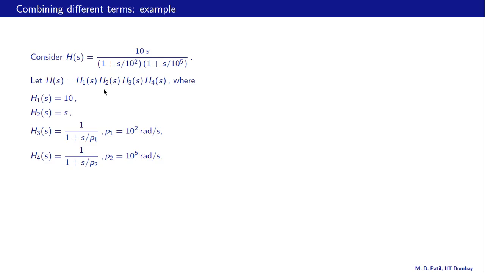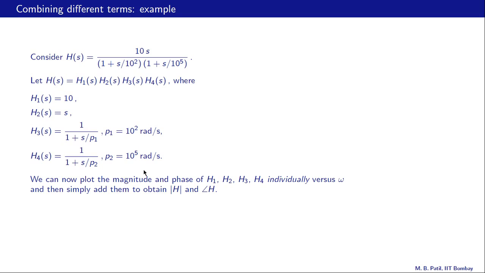Now this function can be written as a product of four functions: h1, h2, h3, h4. h1 is 10, h2 is s, h3 is this pole at 10 raised to 2. So it can be written as 1 over 1 plus s by p1, where p1 is 10 raised to 2 radian per second. h4 is this other pole, 1 over 1 plus s by p2, where p2 is 10 raised to 5 radians per second.